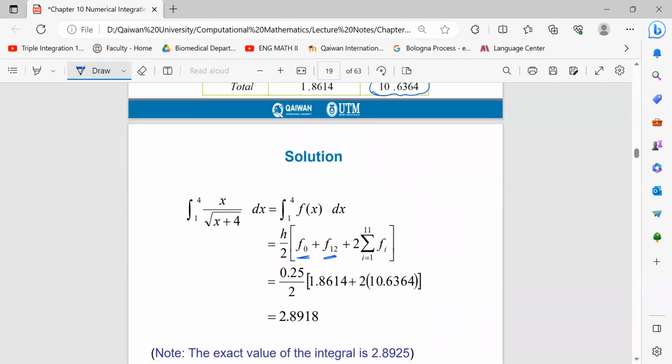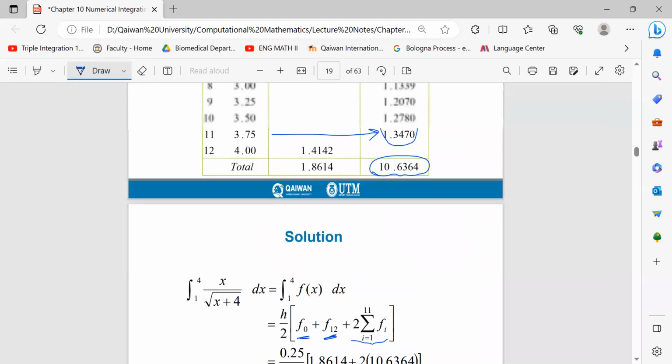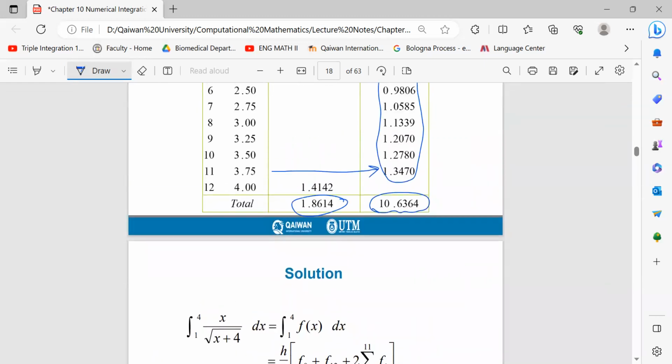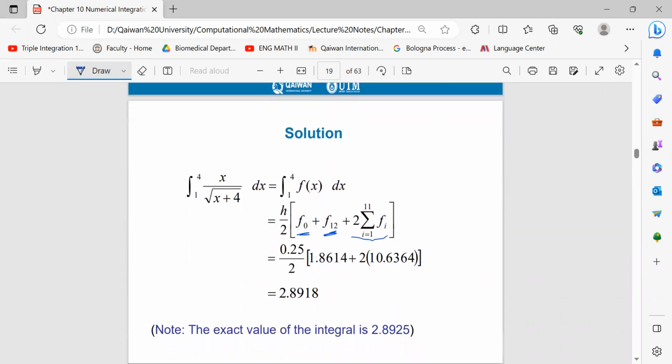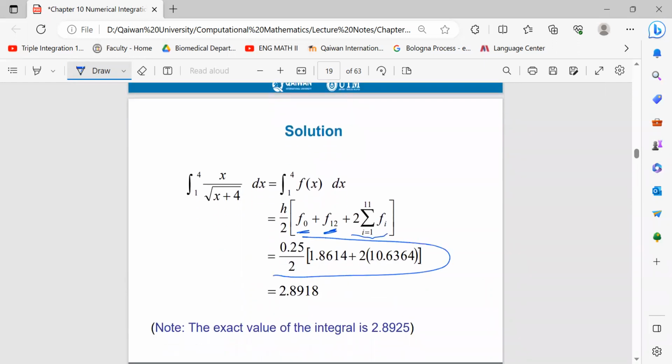We say f0 plus f12, the same, and we multiply the sum of the others by 2. So this is this plus 2 times this, all multiplied by h over 2. H is 0.25, which gives 2.8918.